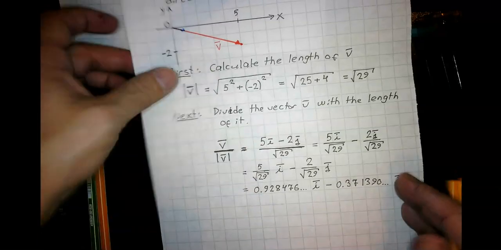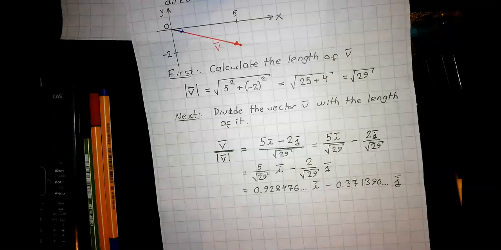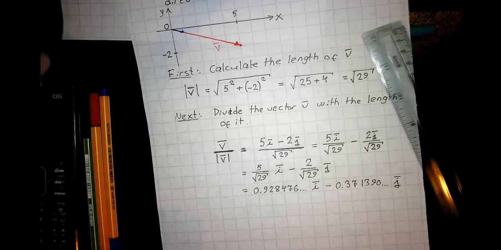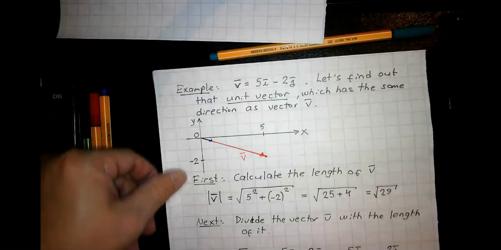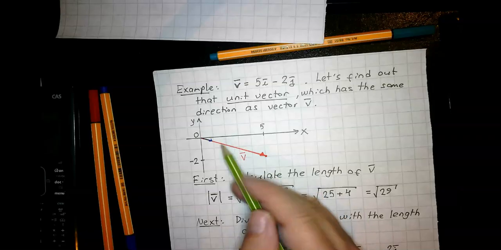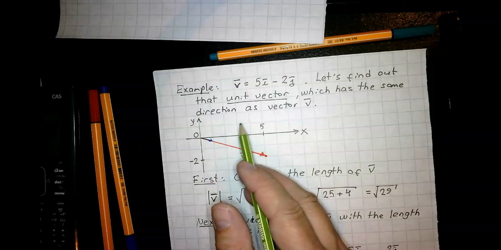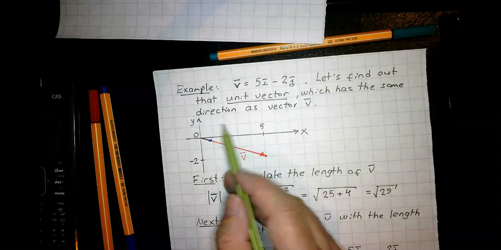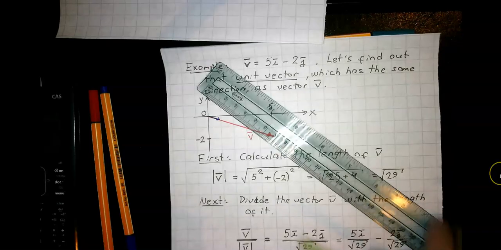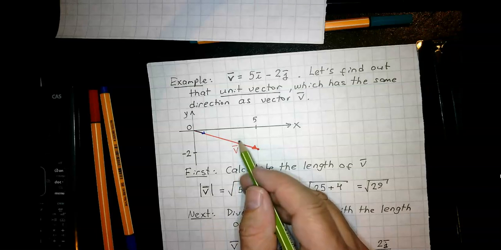This unit vector here, we may say, for example, with a simple coordinate system as in this picture, I drew this picture and I chose the unit to be one side of the small squares of my paper, which had squares of 1 centimeter size.